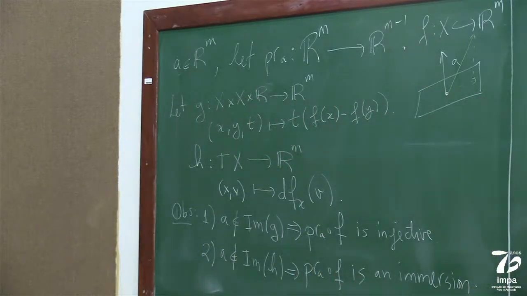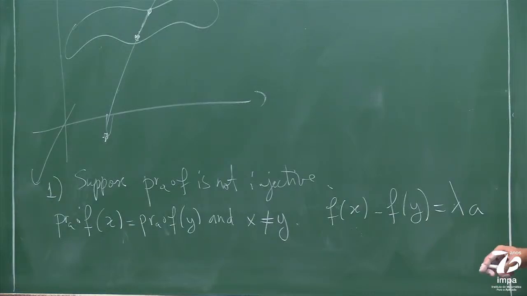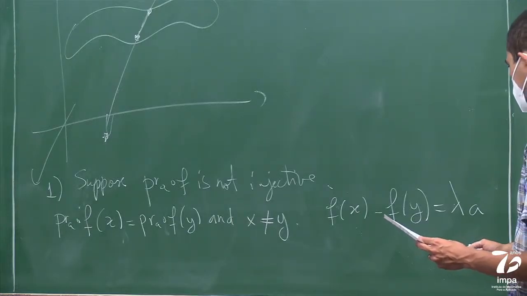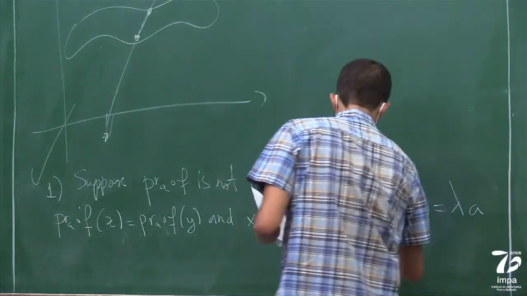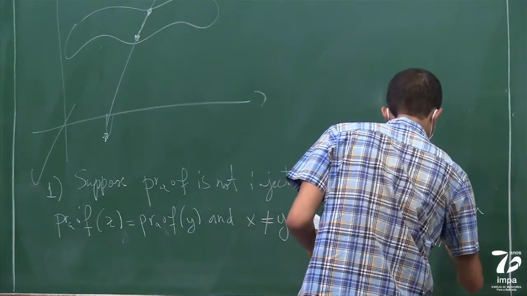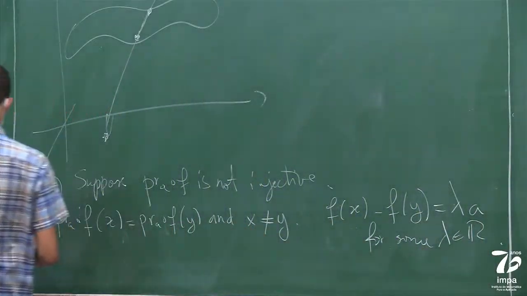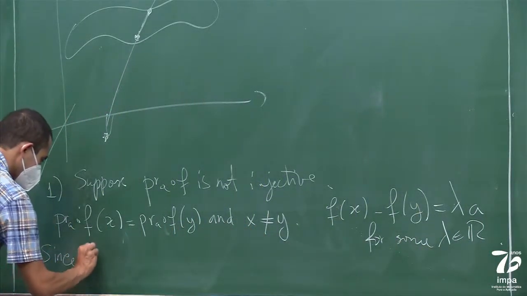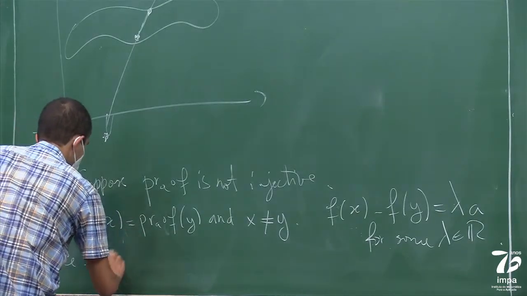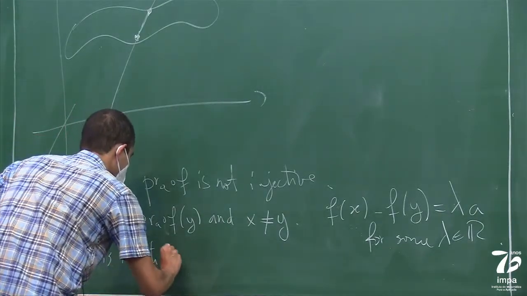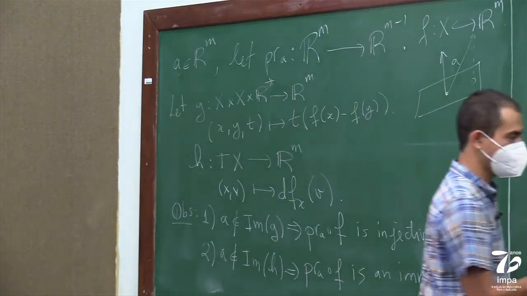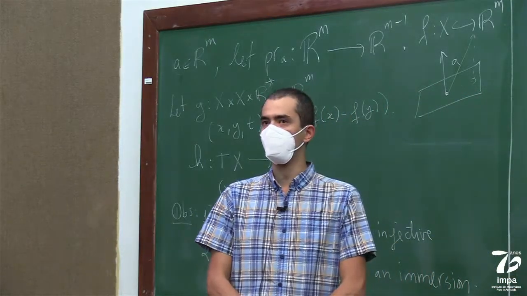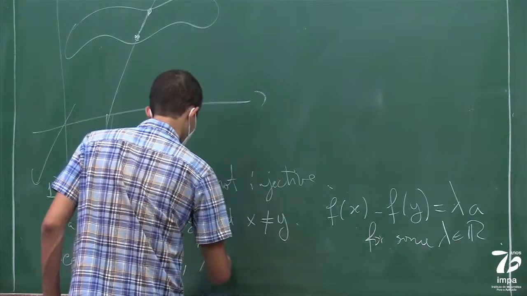So anyway, we have two different points such that F of X minus F of Y equals lambda A, for some lambda in R. Since F is injective, the image of X has to be different from the image of Y, so lambda has to be different from 0.